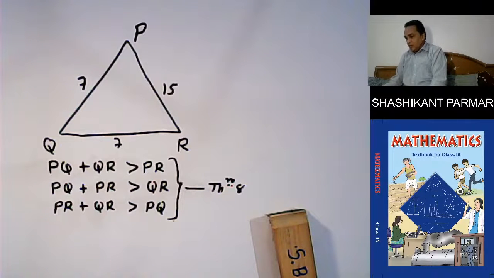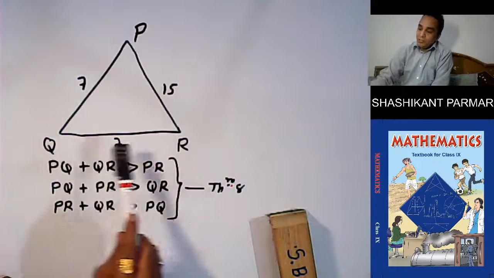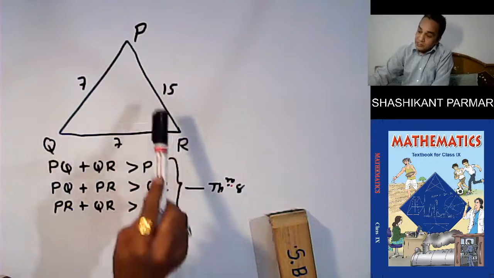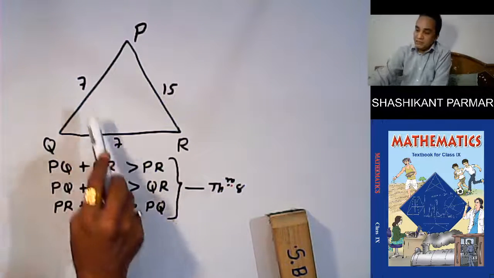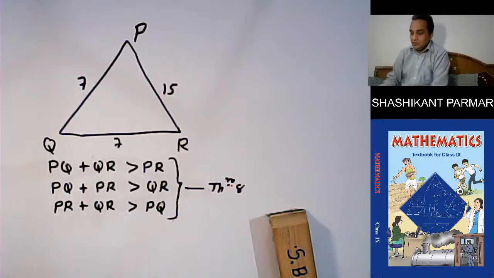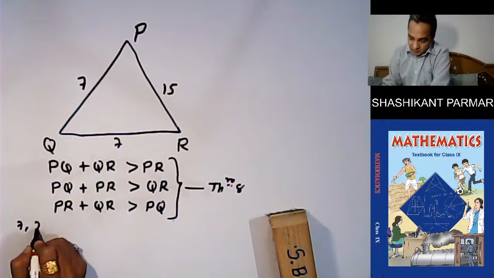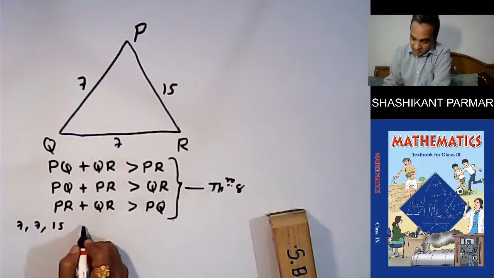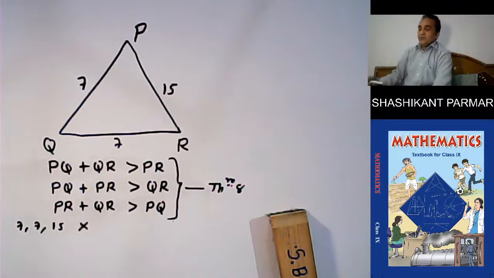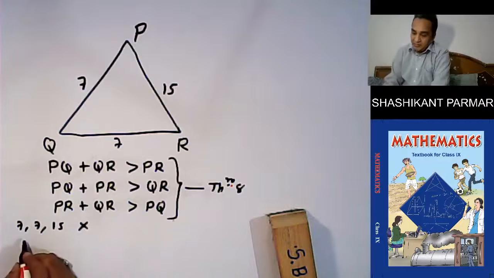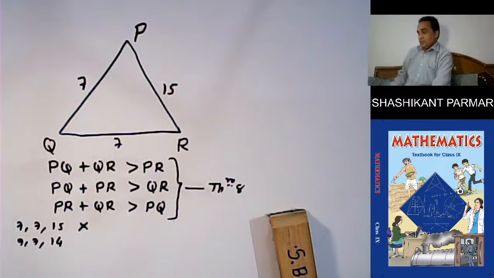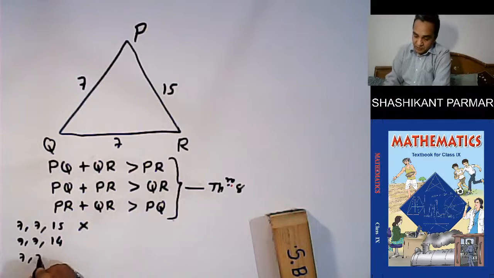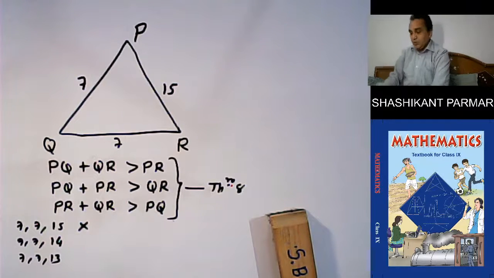This is not a triangle, because PQ plus QR must be greater than PR. 7, 7, 15 are not the three sides of any triangle. Similarly 7, 7, 14 is not. But with 7, 7, 13 you can draw a triangle.